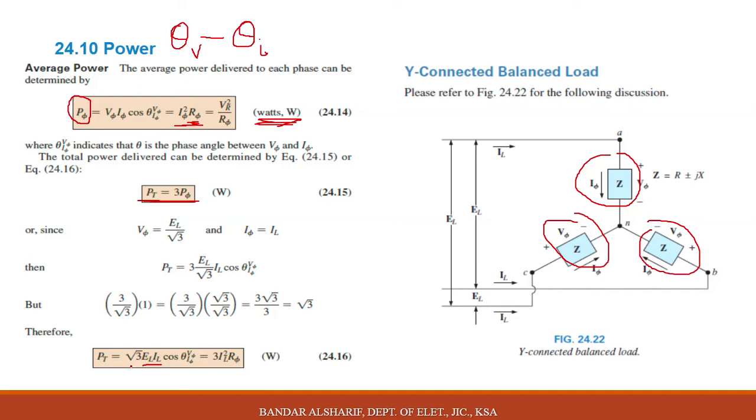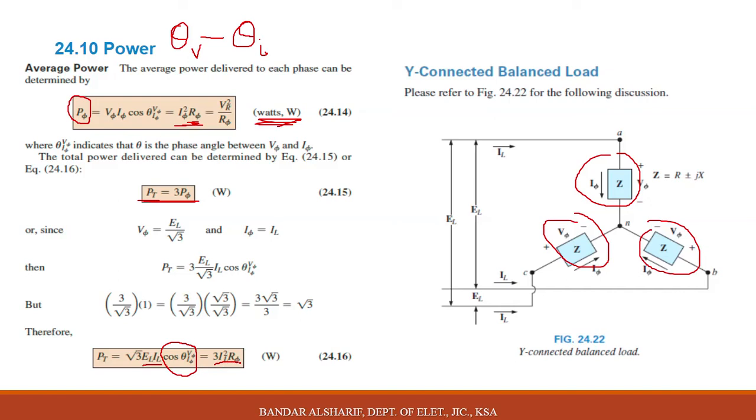No, multiply by root 3. And the same thing, cosine theta, voltage phase, I phase, and this we will see later, considered as the power factor. The other way is to use 3 I square line multiplied by R.